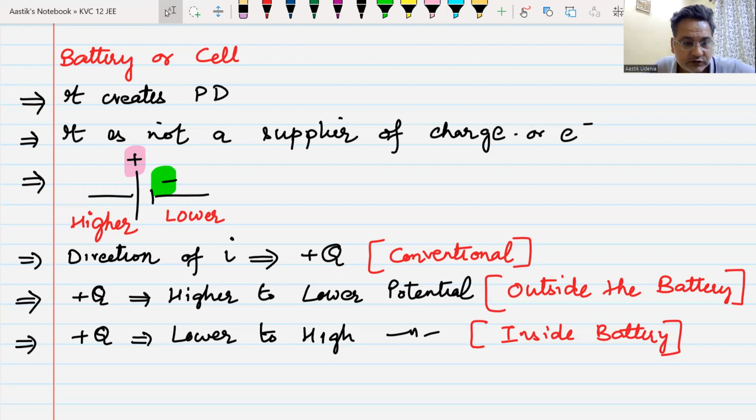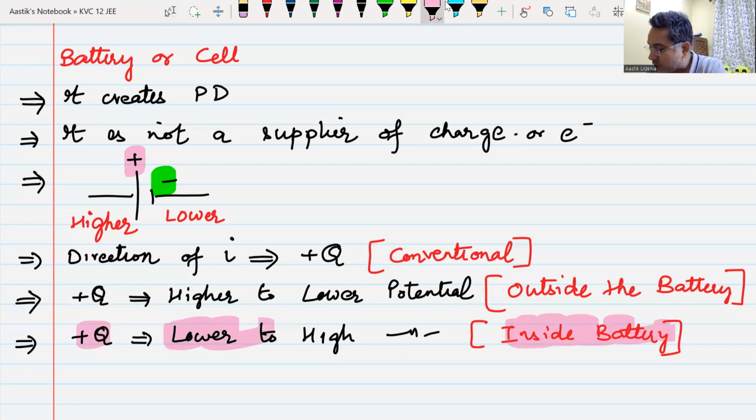Now, who is going to do this work? Inside the battery, the positive charges flow from lower potential to higher potential, and this needs some work to be done.